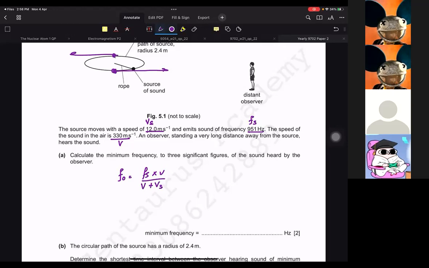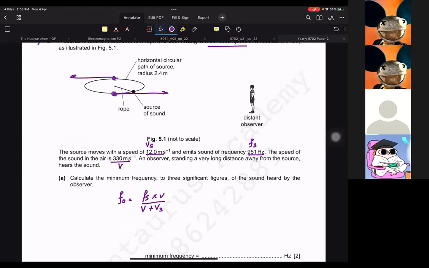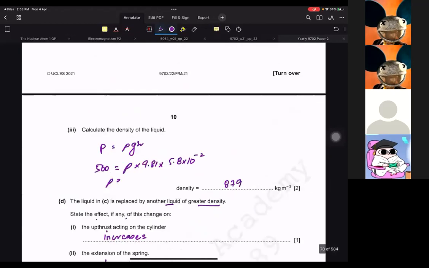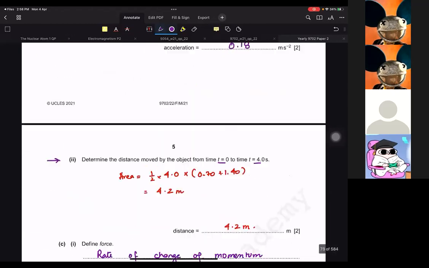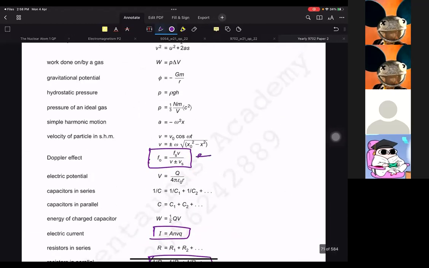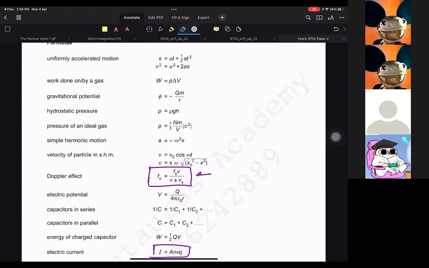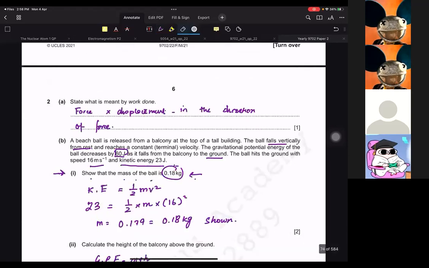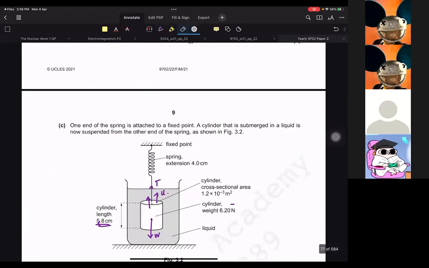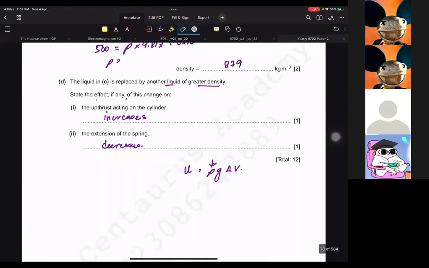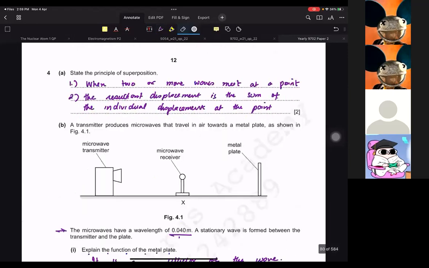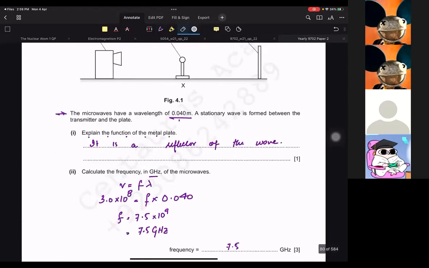Let me quickly go back to tell you a small thing. In the start of the paper, I highlighted this. There is plus minus in this formula. You should remember that plus is when it is moving towards the observer, minus is when it is moving away from the observer. Sorry, my mistake. Plus is towards, not away.